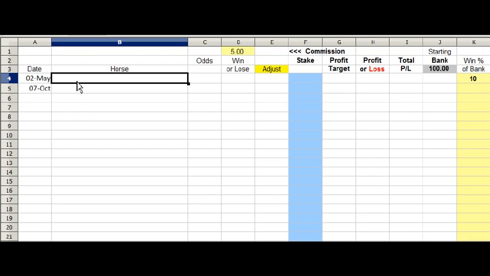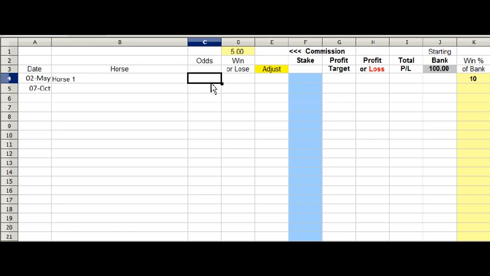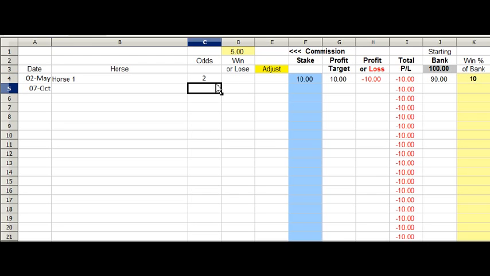Put the name of your runner in there, horse 1 for instance, and put his odds in there. We'll use odds of evens so you can keep things nice and simple to start with, and we'll be looking for a profit target of 10% of our £100 bank. So there's our profit target that we're aiming for, which is £10.